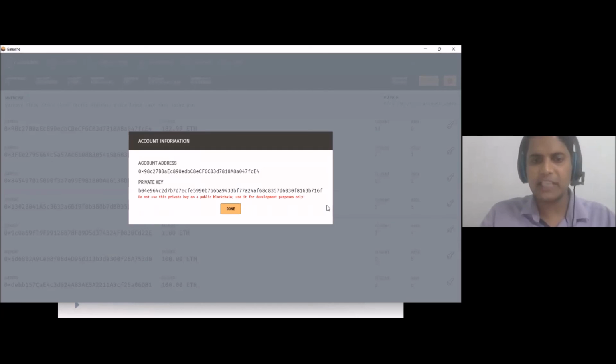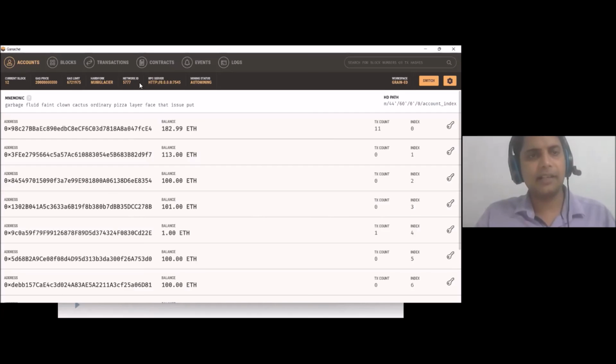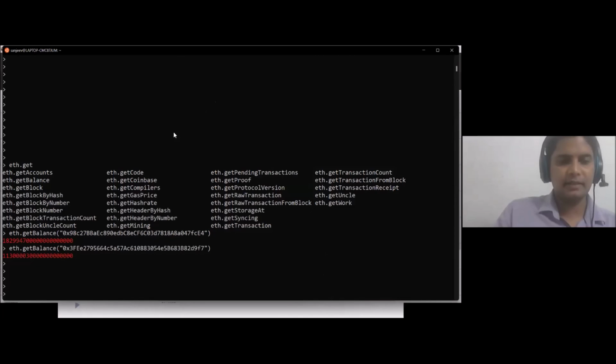This is a software which helps me to create a blockchain network. It also shows the transactions, and it will also help me to do a transaction. Let me show you how to do a transaction.